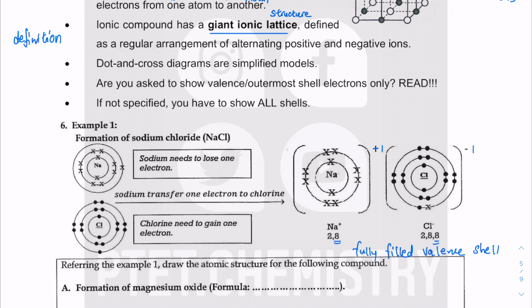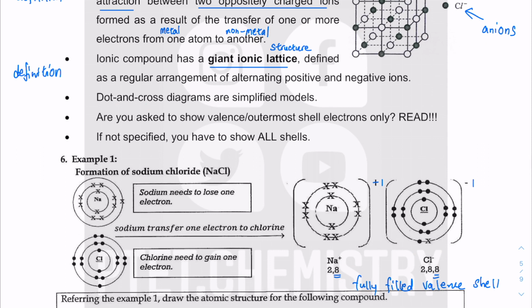Now, what do we have here? Dot and cross. These kinds of diagrams are called dot and cross. These are the dots, these are the crosses. We have to show the cross there to represent the 1 different electron that the chlorine atom has obtained, received, gained. And the charges are important, just like you saw in the last lecture tutorial of this bonding series.